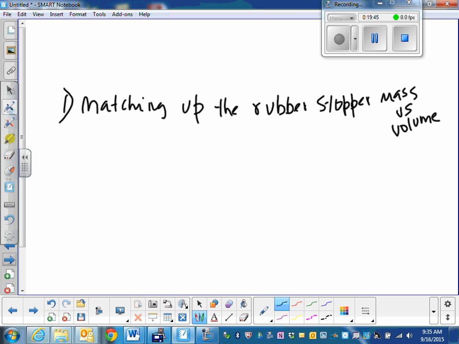Now, for me, this is also human error. When I saw the kids slide the rubber stoppers in, did you find air bubbles in it? Did you notice any air bubbles in it? No? There are air bubbles, all right? Especially when you do things real quickly.